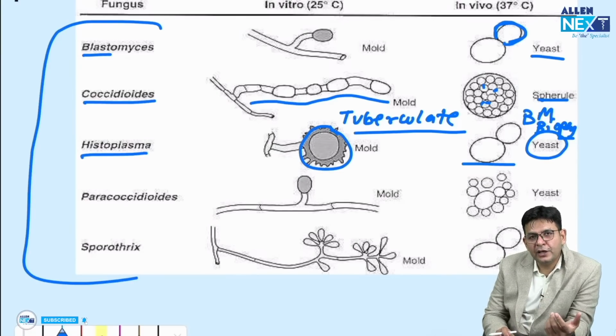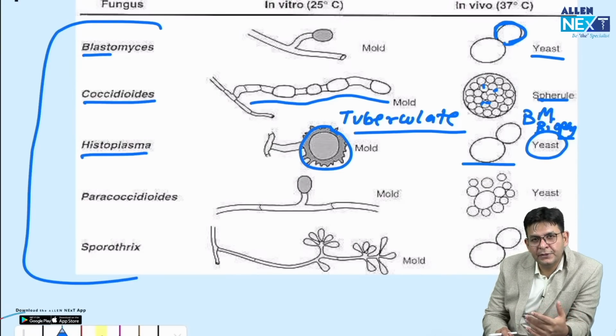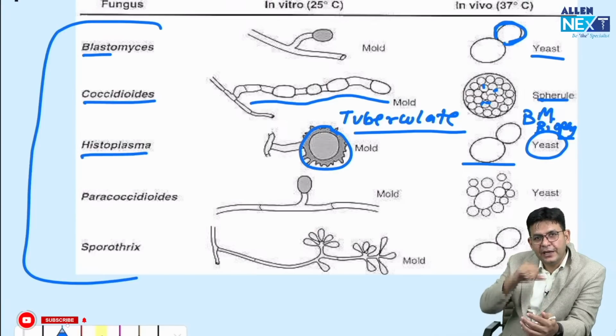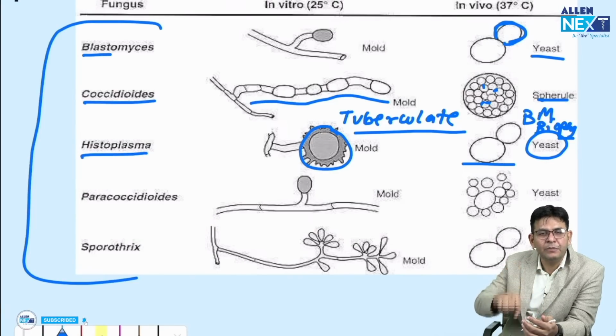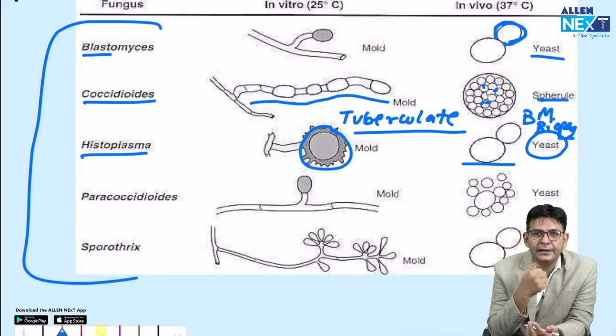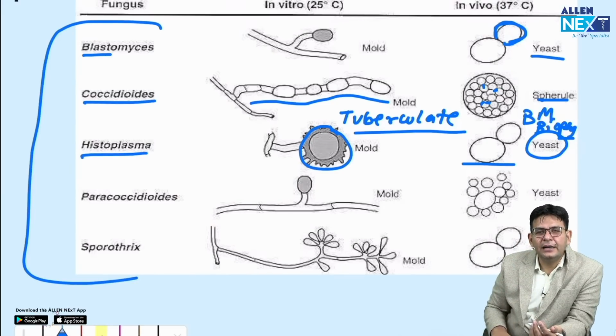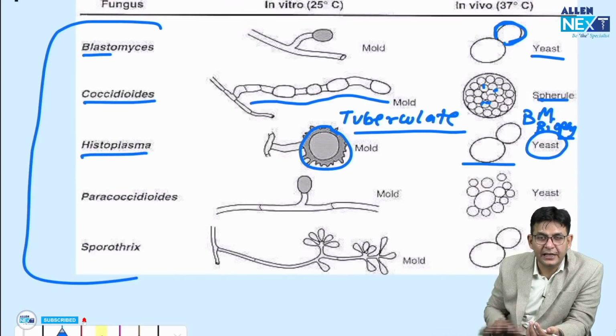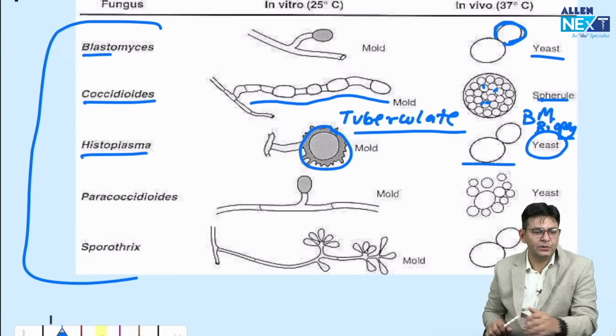So if they are talking about bone marrow biopsy and they are showing up the narrow based budding yeast cells, they are talking about histoplasmosis, one thing. And if they are talking about traveler history and bone marrow biopsy, and in that they are talking about the kinetoplast, okay, and some nuclear stuff, and they are telling that the color is changing black, they are talking about Kala-Azar, amastigote form. Remember that thing also. Okay.